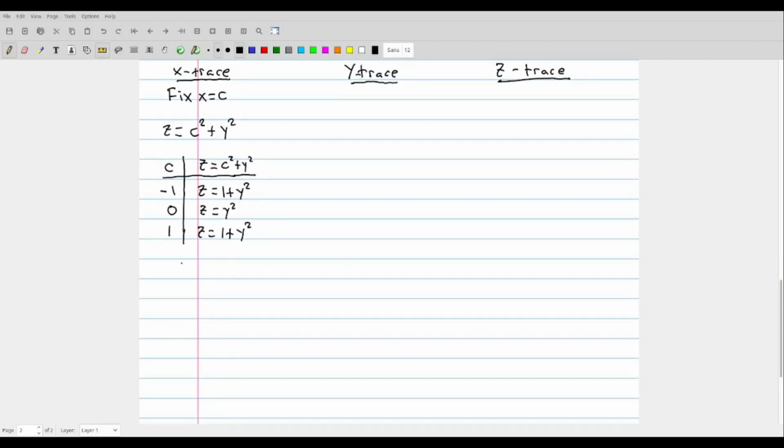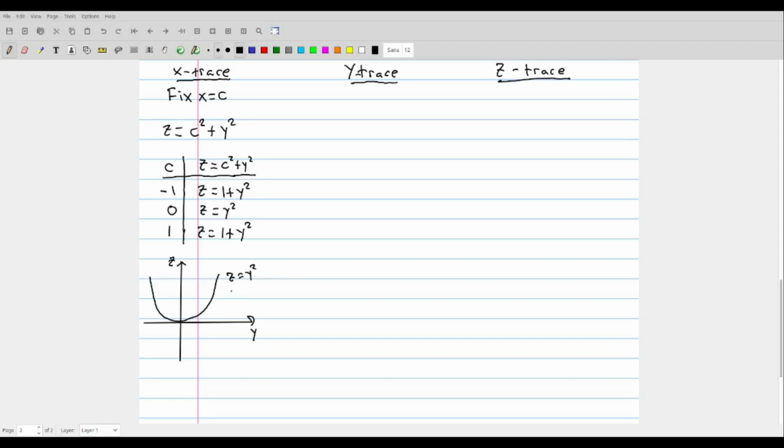And what you can do is take each one of these cross sections, and you see that each one of these is a function in the zy plane, where z is this axis and y is this axis. When c equals 0, you get z equals y squared, which corresponds to a parabola in the zy plane.